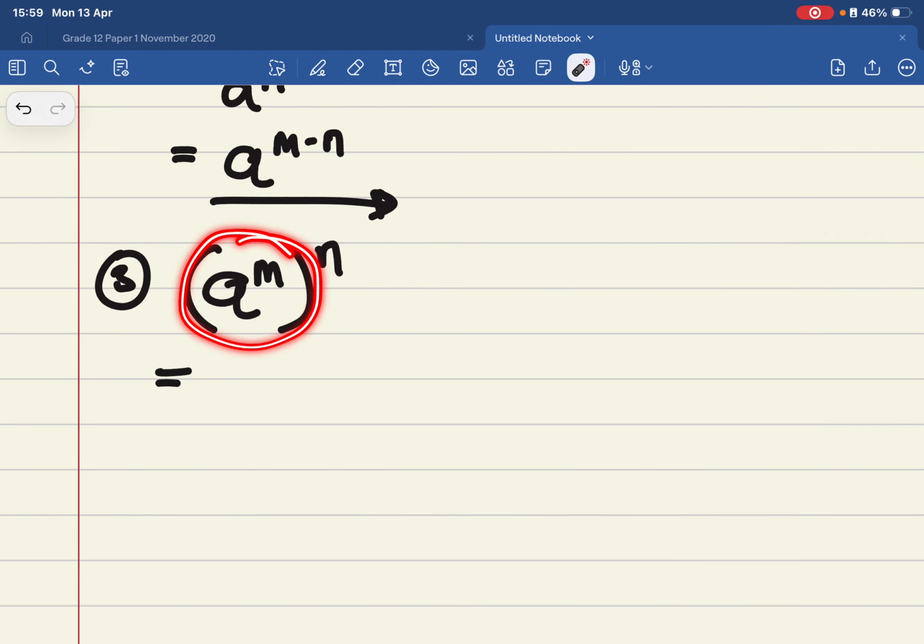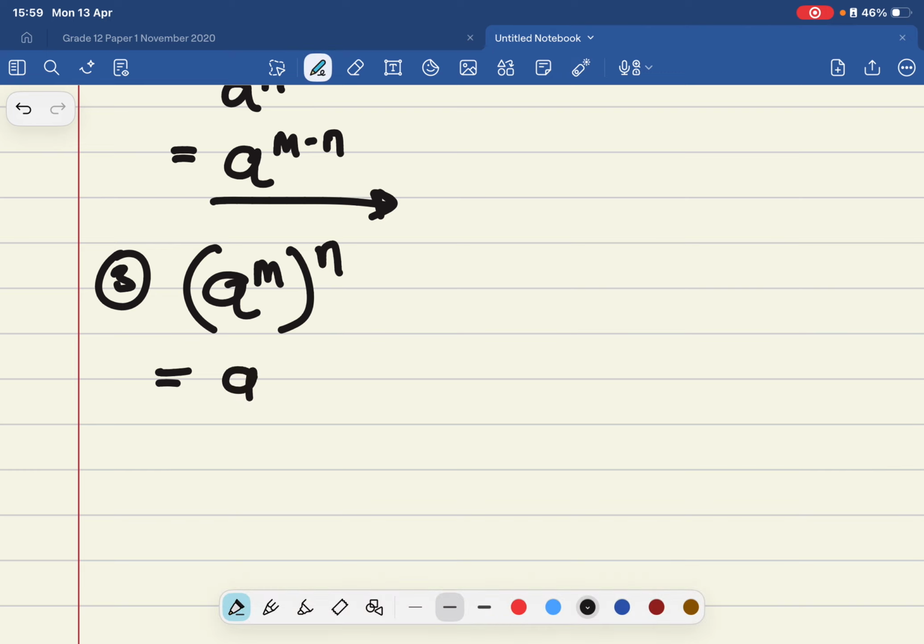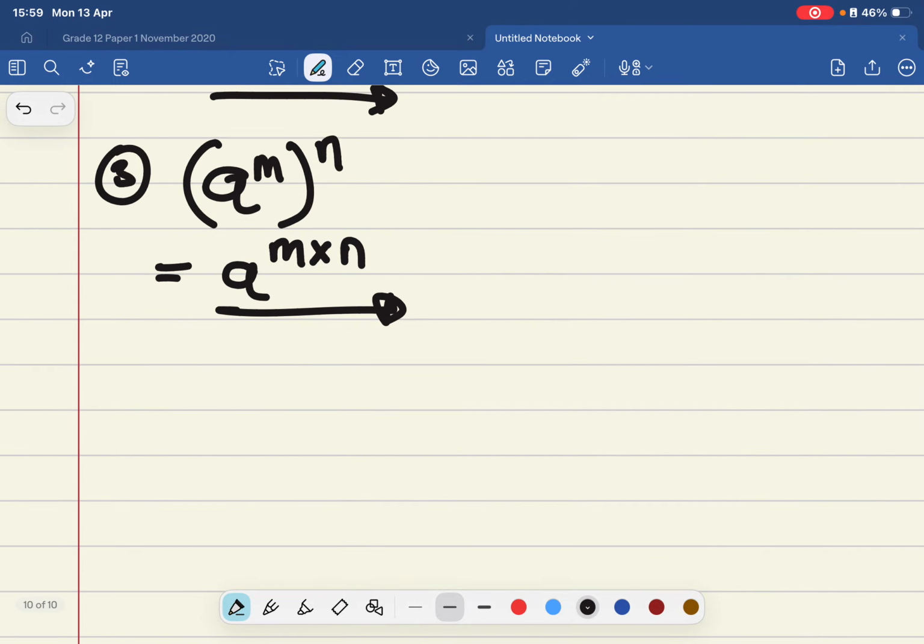This one will become a base, this one will become an exponent. Inside the brackets I have a power, and outside I also have a power. This will serve as a base. So when you are raising a power to a power, you keep your base and then you multiply the exponents.